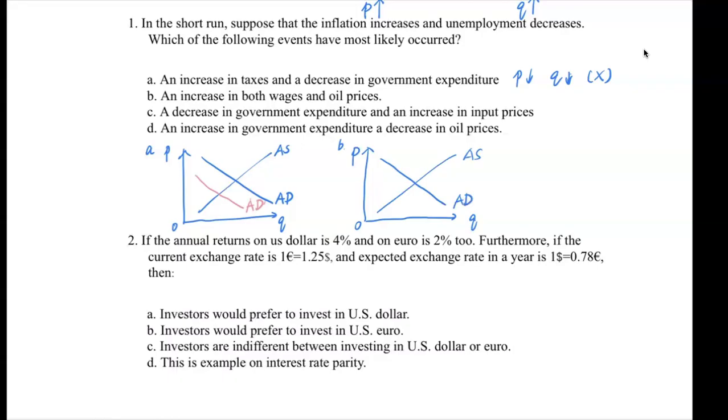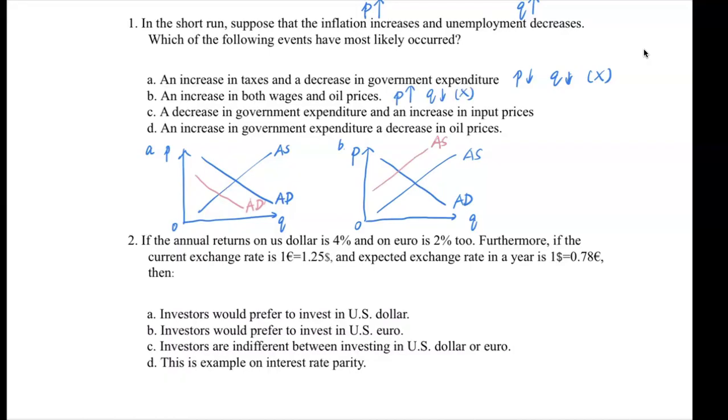Because the oil price also increases, and remember that oil is an important part of input, the AS curve will shift upward. And the result for B is that price increases, quantity decreases. Also not consistent with what the question describes.